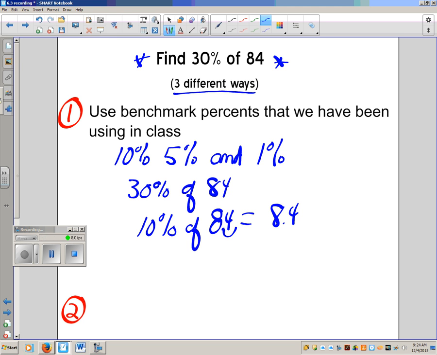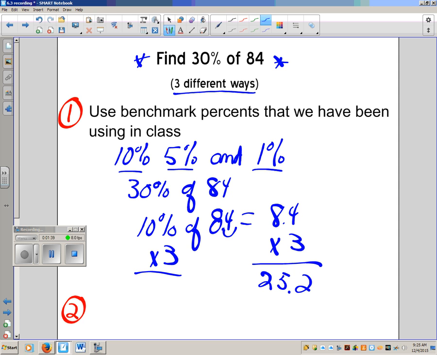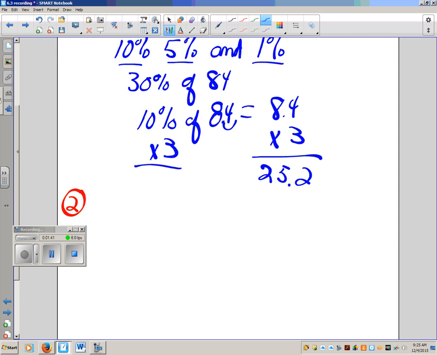I need 3 of those, so I multiply that times 3, and I get 25.2, 25 and 2/10. All right, that's the first way. That's using the benchmark percents, 10%, 5%, and 1%.